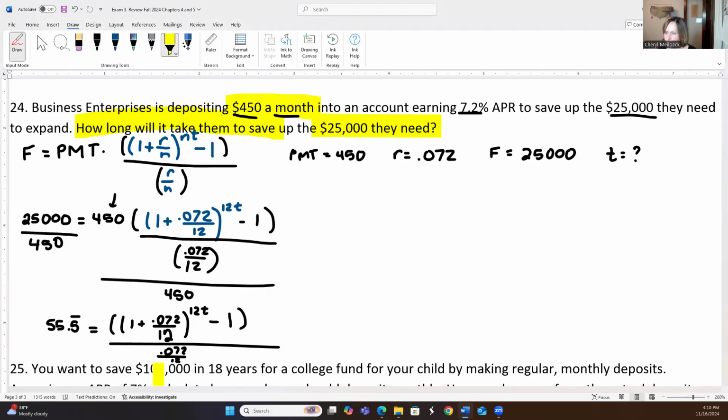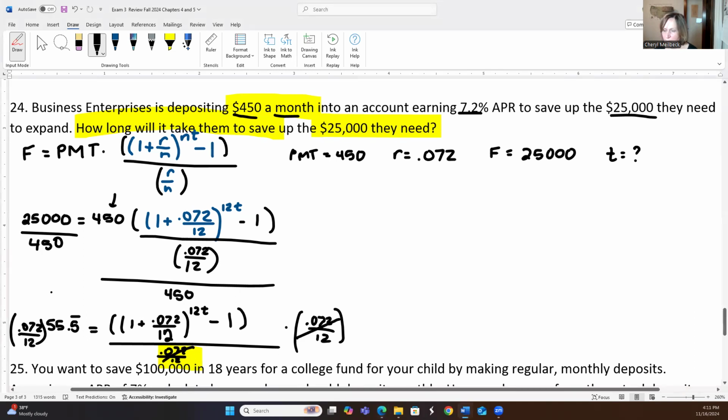Now, the way to get rid of this denominator is to multiply both sides of the equation by that denominator. So we're going to multiply 0.072 divided by 12 on the right side and on the left side. So let's do that and see what we get. Just a reminder, the reason for doing this is to get rid of that denominator there.